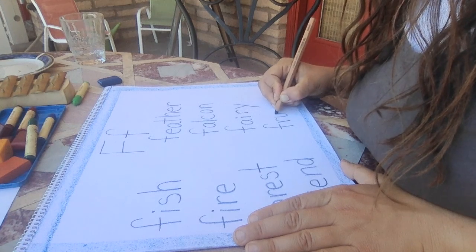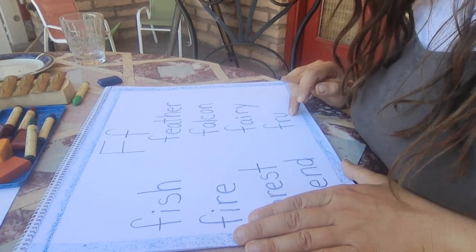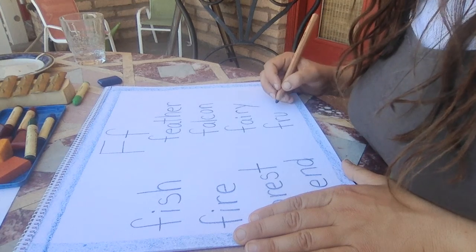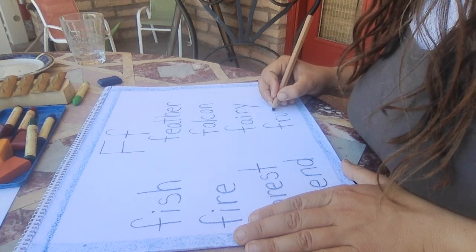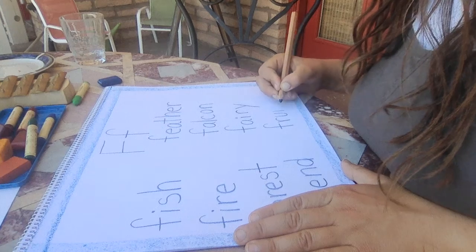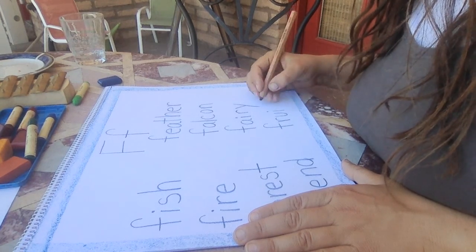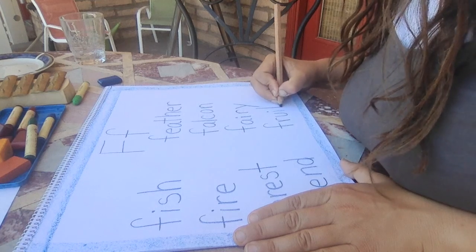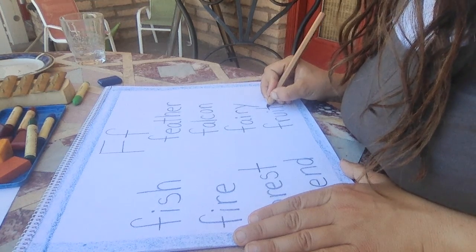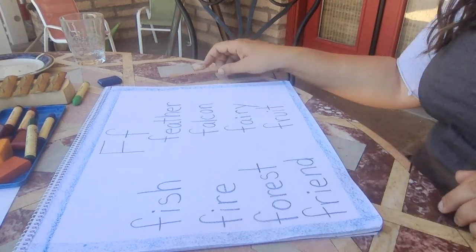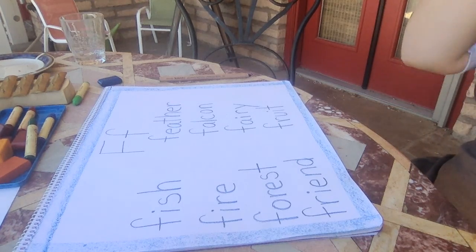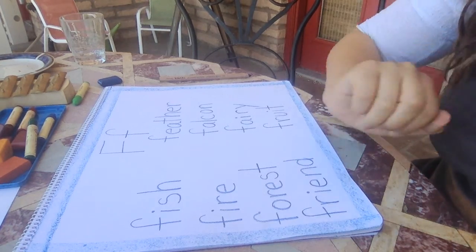Ooh. We haven't talked much about ooh yet. And there's a little I in fruit that helps the U say its name, makes that sound. Fruit. Fruit. Very good. Have you thought of more words?